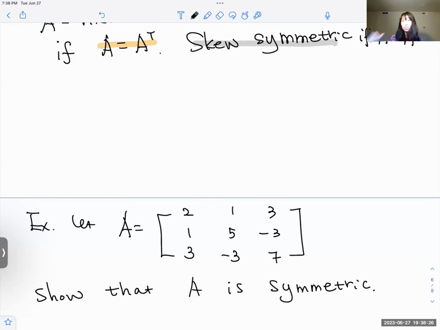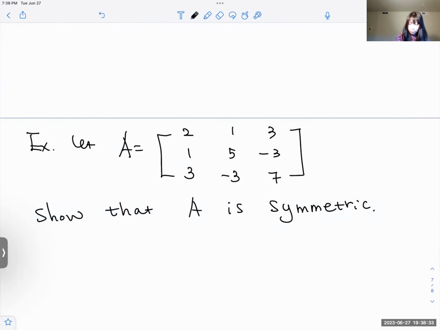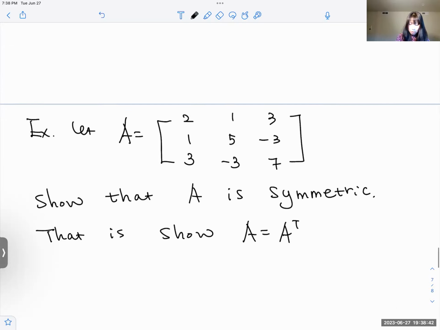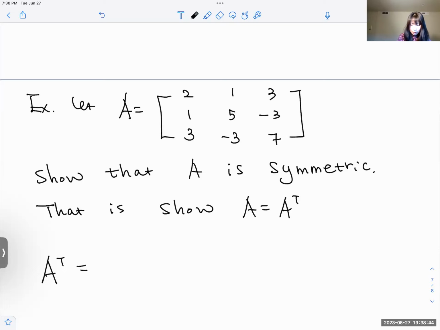We need to show that A equals its transpose, right? So the transpose of A, rows become columns: 1, 2, 1, 3, and 1, 5, negative 3, 3, negative 3, 7.